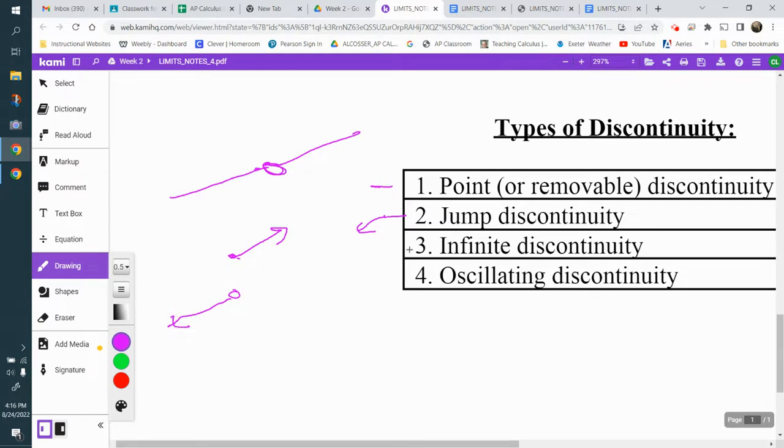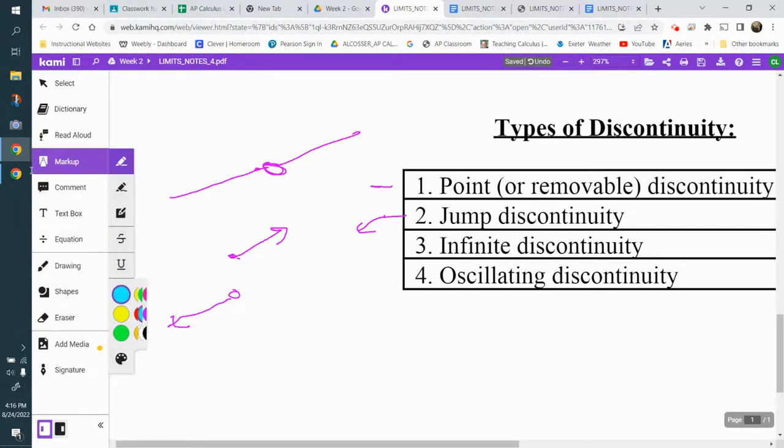This is the graph we just talked about a minute ago. As I'm coming along the graph, I would literally have to jump to another line. That's a jump discontinuity, okay? And then we'll talk about infinite discontinuity and oscillating discontinuity. They're easier to show in class because I can't draw well enough on this.